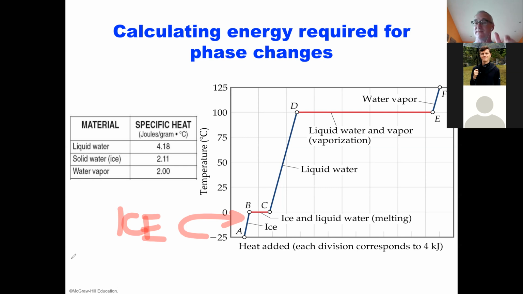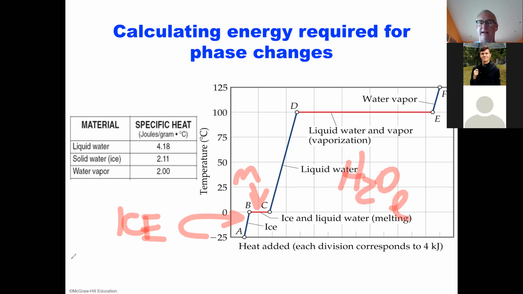But then once we get to 0, this is melting. And then as we put in even more heat, all the melting has taken place, and we have liquid water rather than solid water, all the way from C to D.